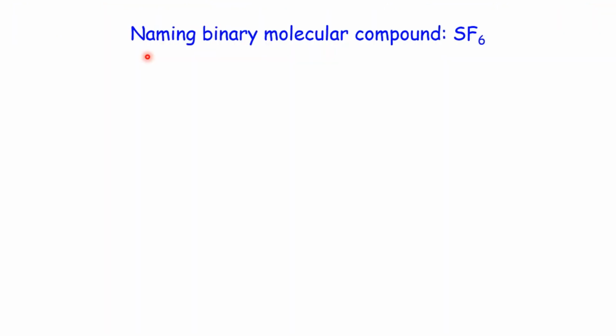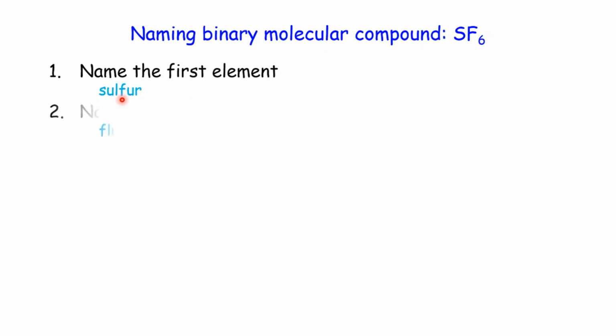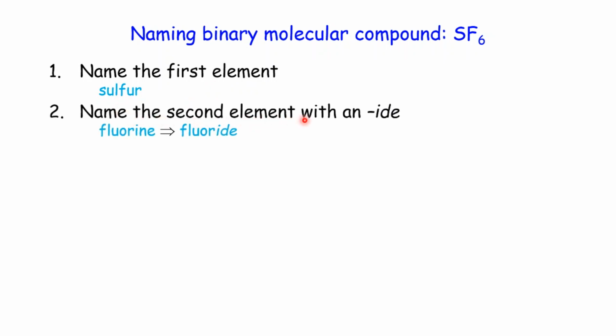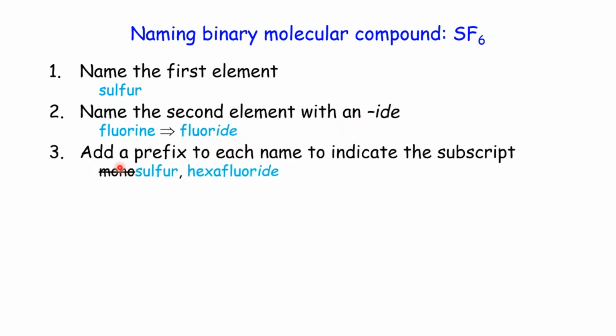Let's work on another example, naming binary molecular compound SF6. First, name the first element, sulfur, use the full name. Name the second element using the anion's name, fluoride. Then add a prefix to each name to indicate the number of atoms in the formula, or the subscript.